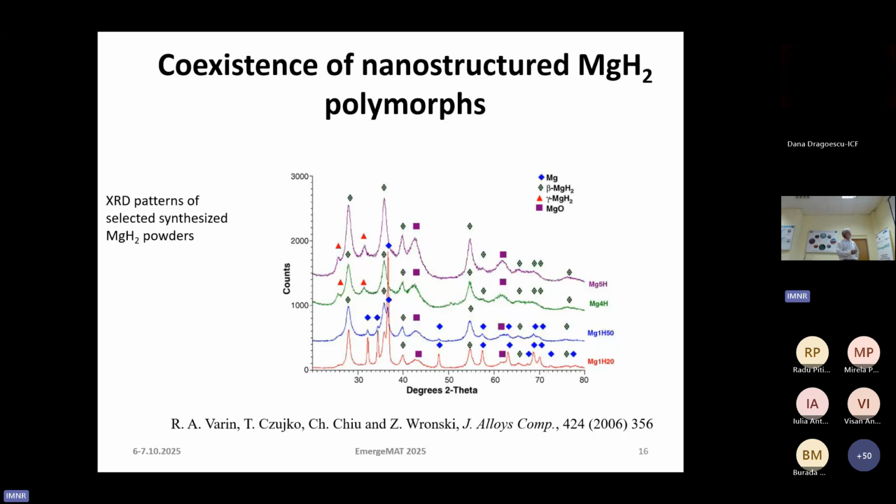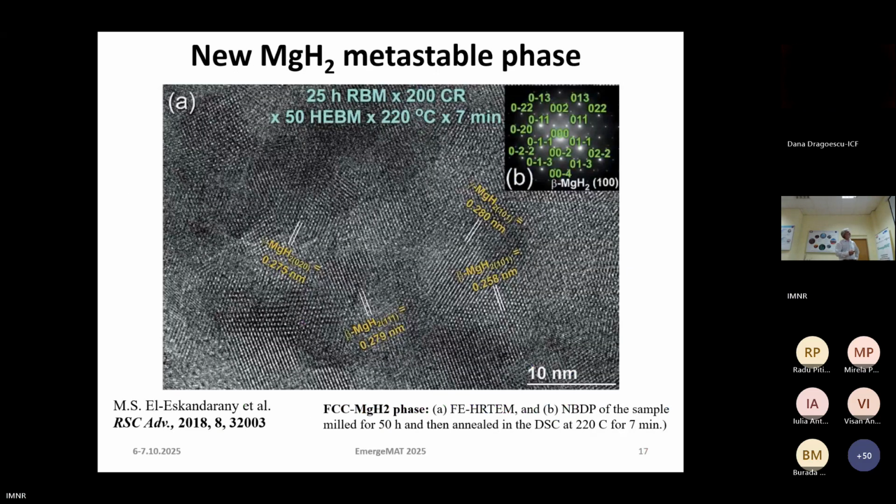So from X-ray, you can see that there are different structures coexisting in the same thermodynamic conditions, which can be seen in high resolution TEM, where we have different areas which are specific to different materials. And these are identified by the distance between the different rows. So this corresponds to the distance between different parallel surfaces.